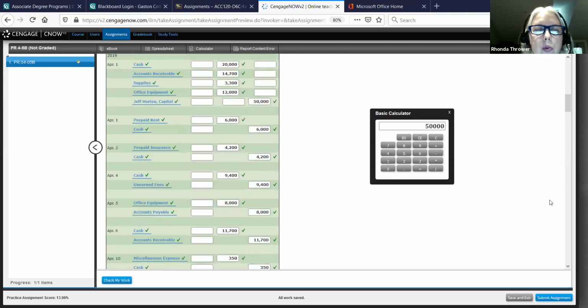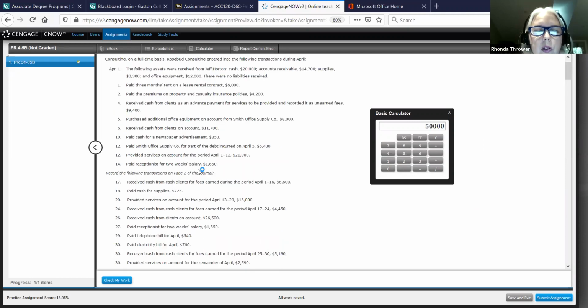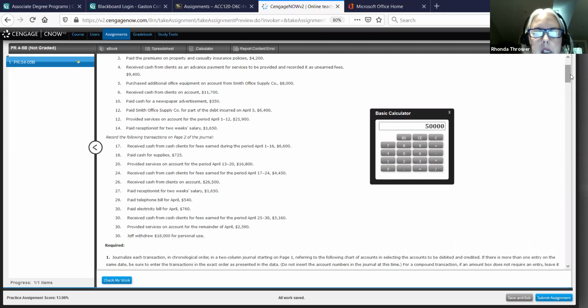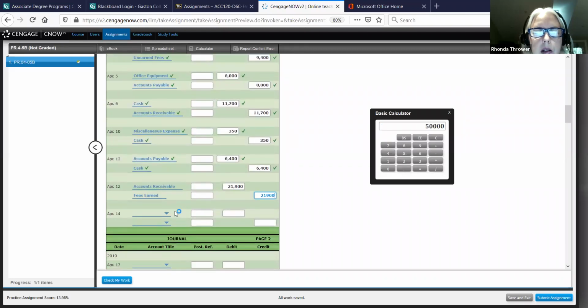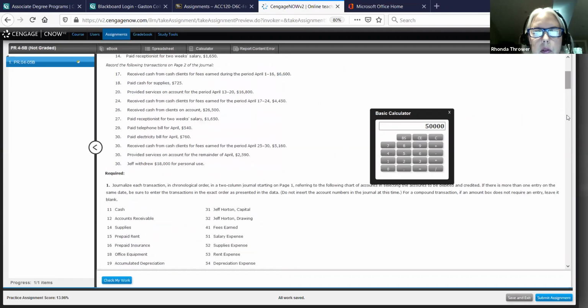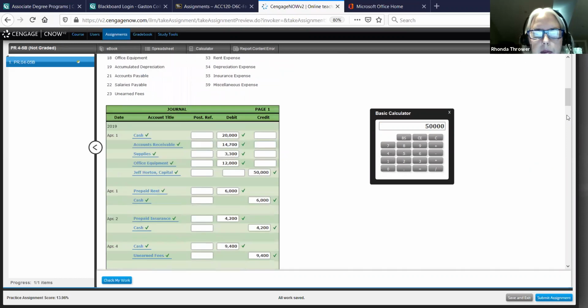On April the 14th, we are going to pay our receptionist a 2-week salary of $16.50. So we should have a salary expense that we are debiting here. And the amount that we're going to debit is $16.50.